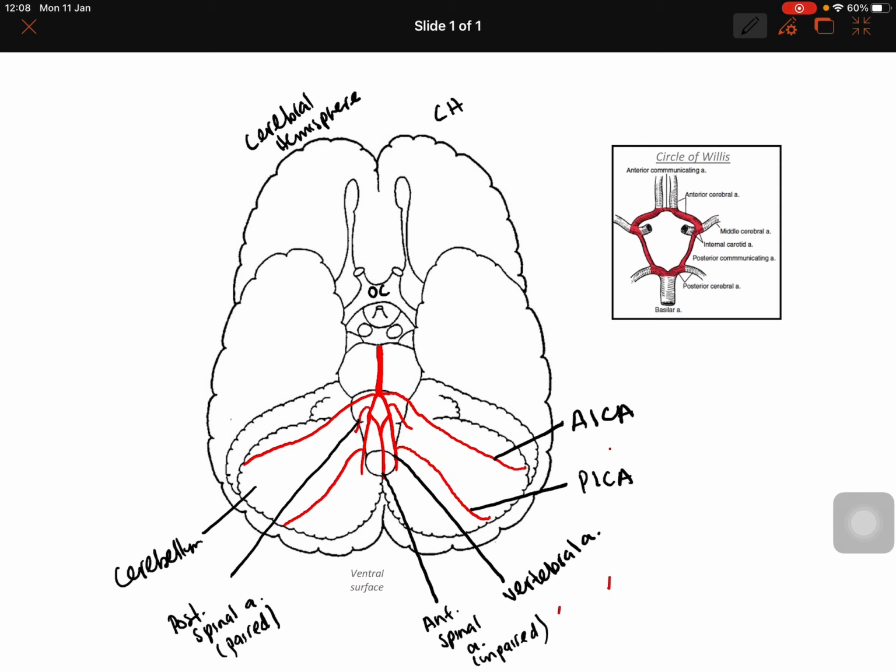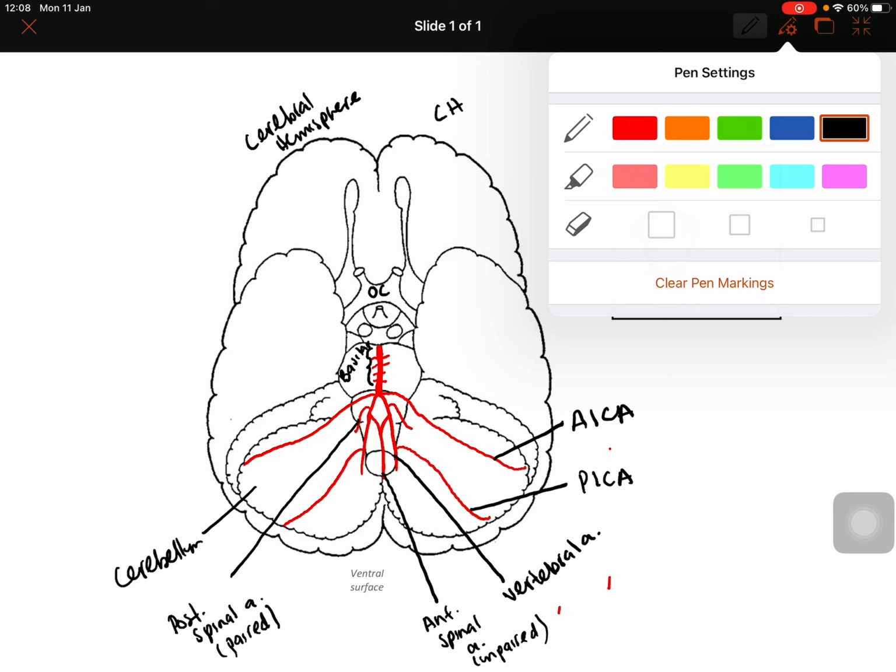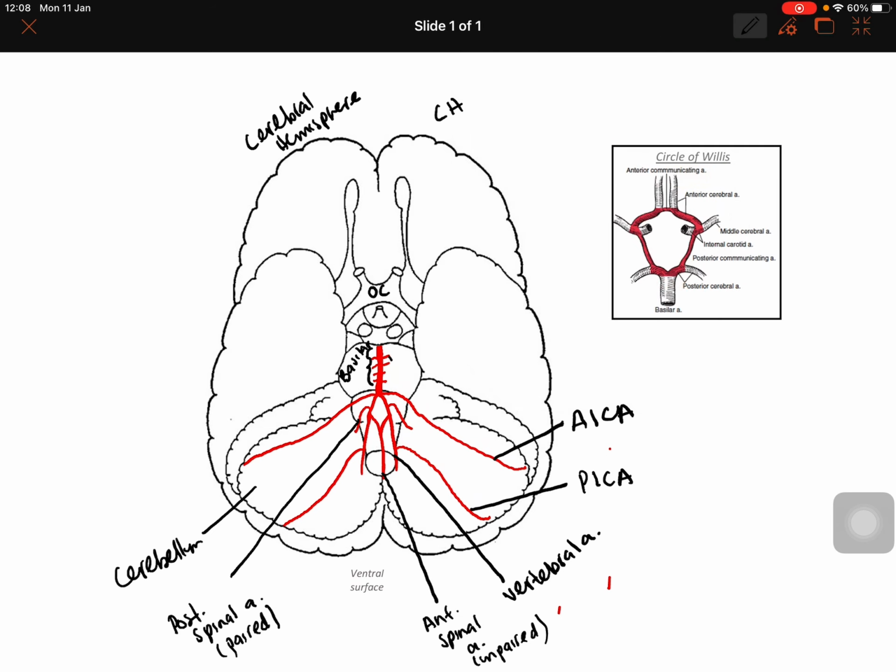Now we have reached the basilar artery at the base of the pons. From the basilar artery we have some tiny little branches that supply the ventral surface of the pons. We're going to call these the pontine branches, or transverse pontine arteries.